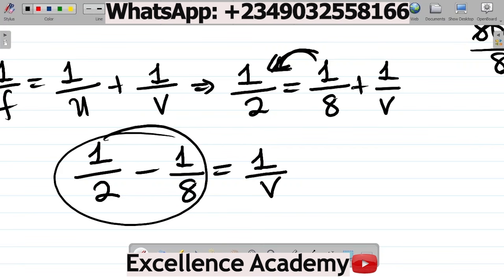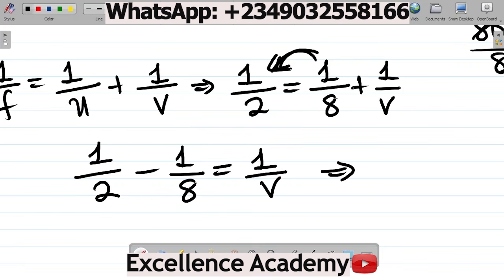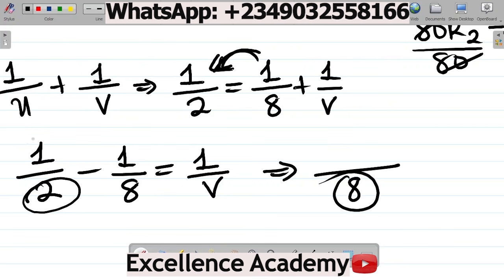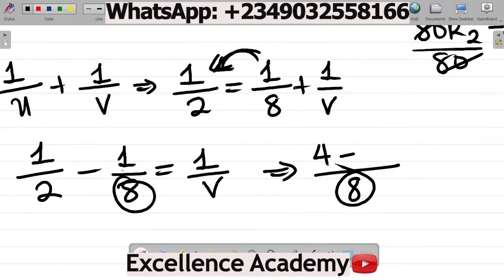Let's solve this. The LCM of 2 and 8 is 8. So I have 8 there. 8 divided by 2 gives you 4. 4 times the numerator, 4 times 1 gives you 4. Minus, 8 divided by 8 gives you 1, 1 times the numerator gives you 1.